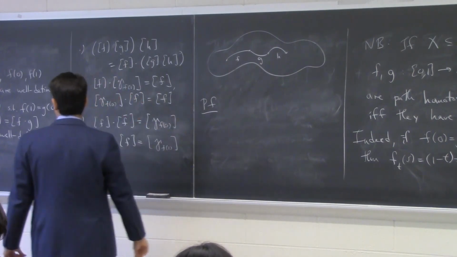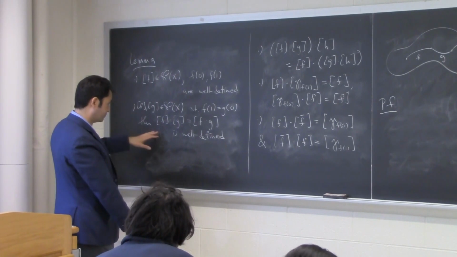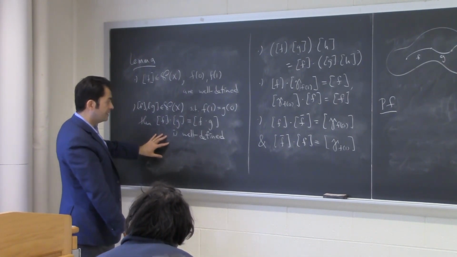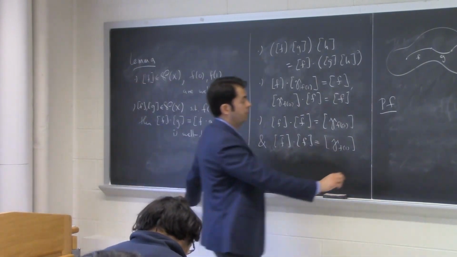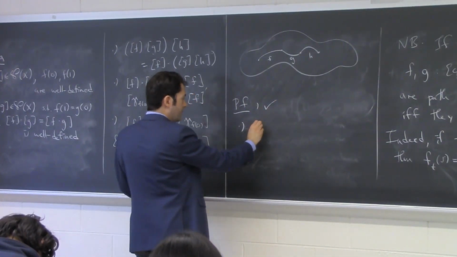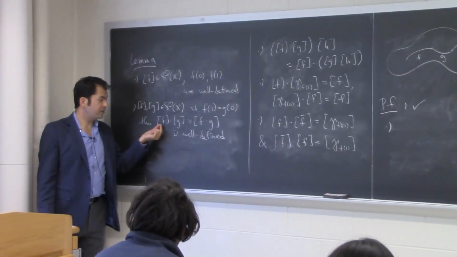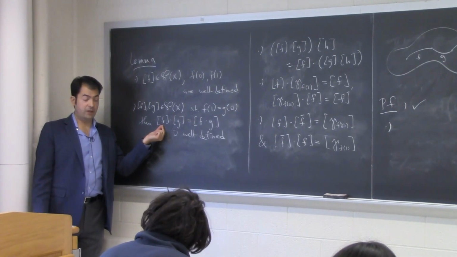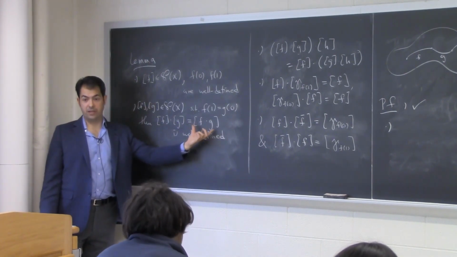So let's prove this. We already did the first one. For the second one, we have to check that this is well defined. We want to say that if you had chosen a different representative of this class and a different representative of this class, you would have gotten the same class here.